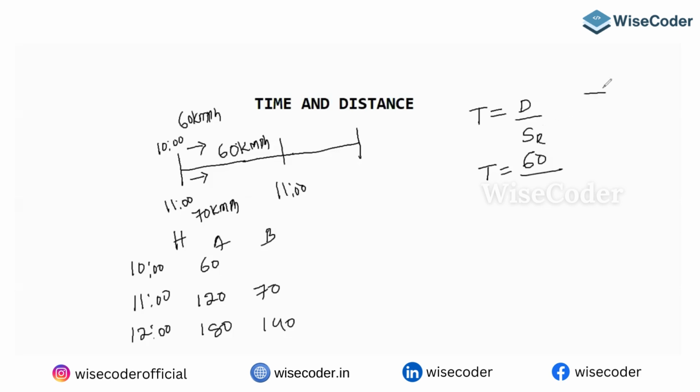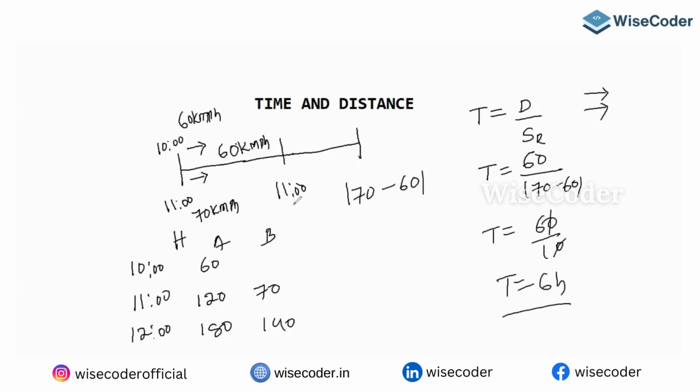Both are moving in the same direction, so the speeds will get subtracted. The second train speed is 70, the first train speed is 60. So 70 minus 60, that means the time is 60 by 10, which means after 6 hours the second train is going to catch the first train.